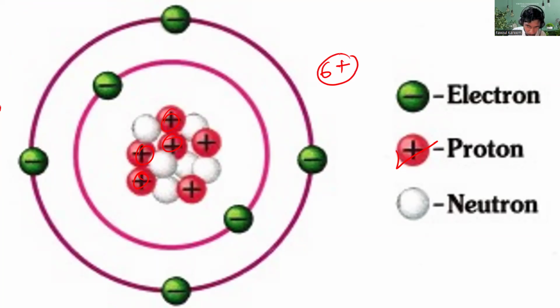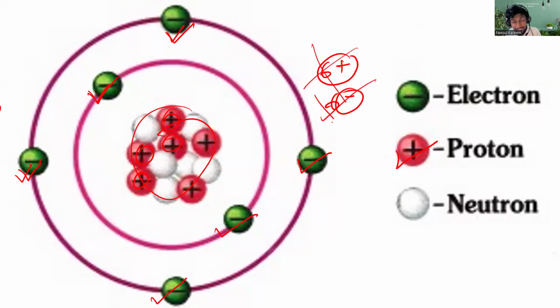And around the nucleus, how many electrons are there? 1, 2, 3, 4, 5, 6. So 6 electrons are there. So 6 plus at the nucleus, 6 minus for negative charge by the electrons. So what happens? They got cancelled or they got balanced. So finally, what is the charge? 0 charge.